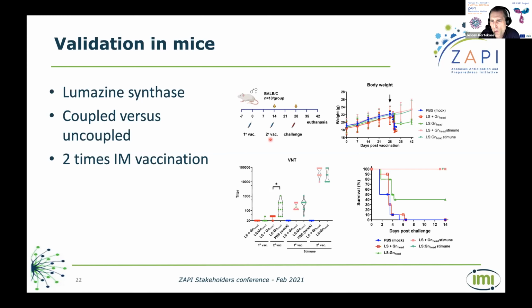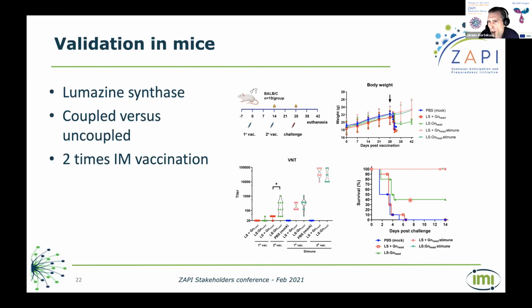As you see in the body weights and also the mortality curves, we got partial protection only when we coupled the subunit to the particle. So with that, we've shown that the coupling really adds to the protective efficacy and the immunogenicity.